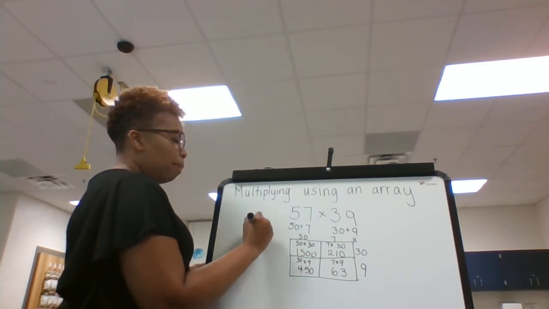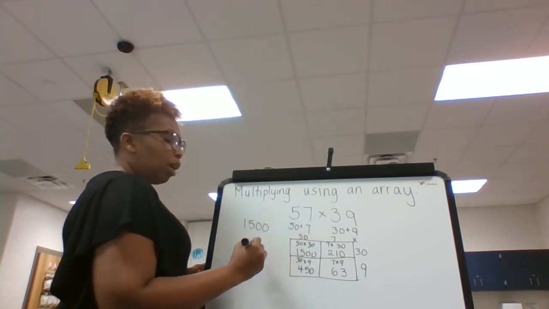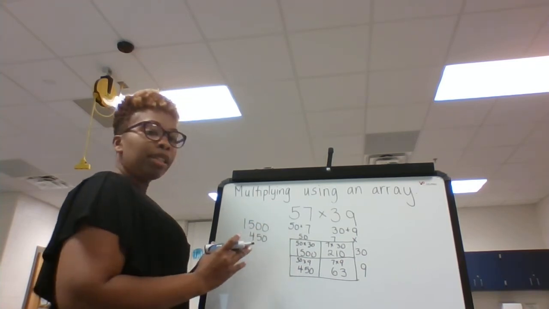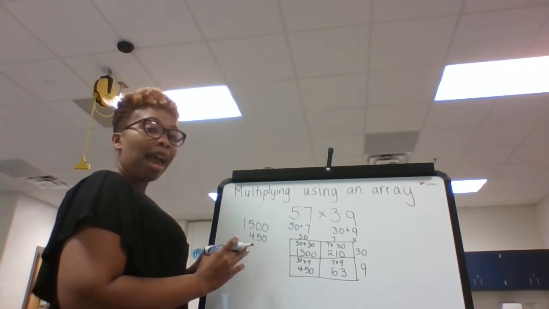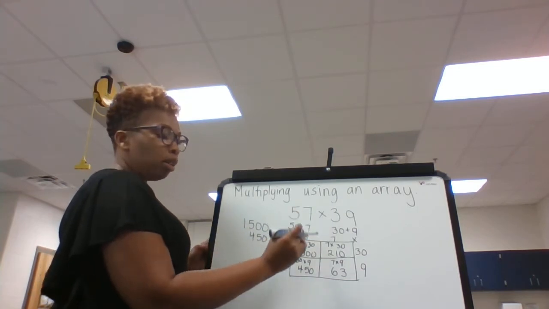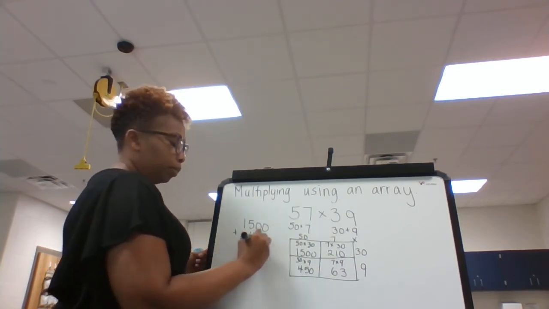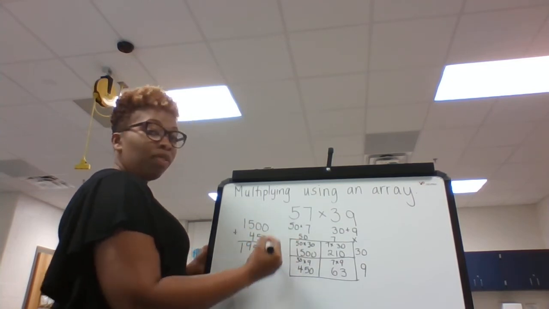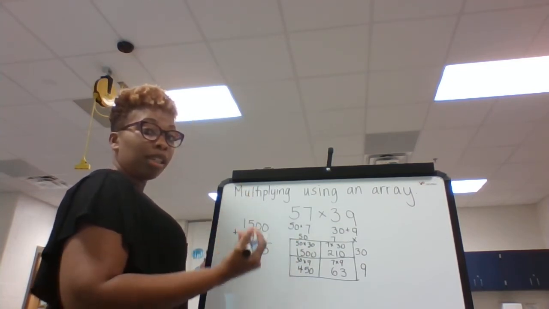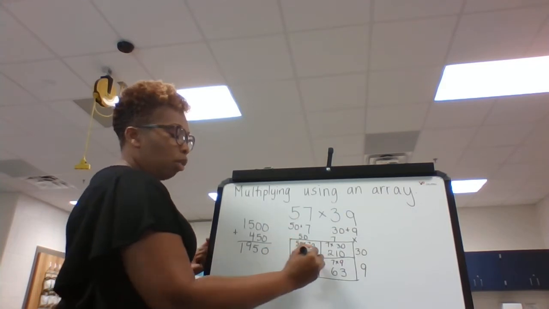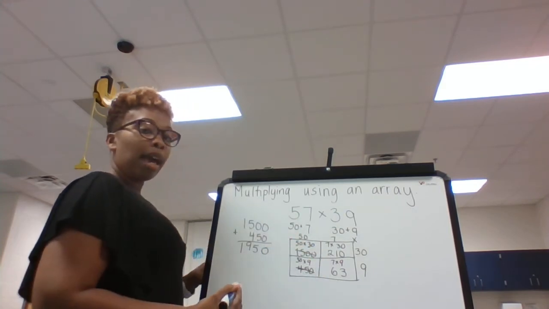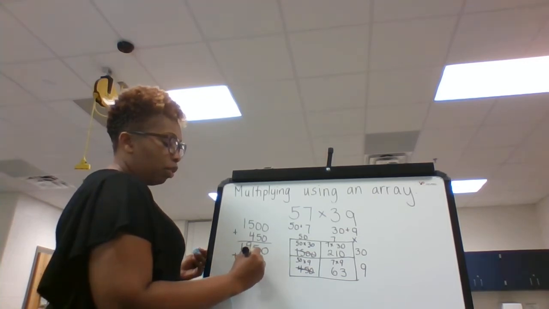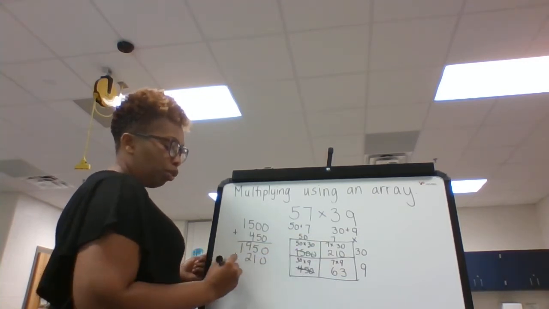So I have 1,500 plus 450. For accuracy, you want to make sure that you are adding each box one by one. When I'm finished adding those numbers, just to make sure that I'm accurate, I cross them off to show that I did add those together. So then I add another number, which is 210.